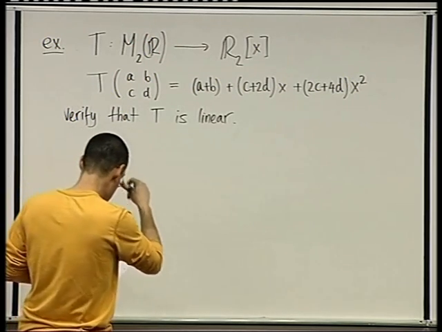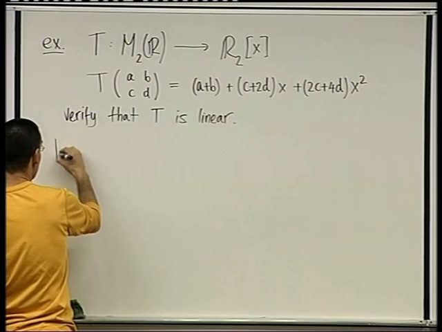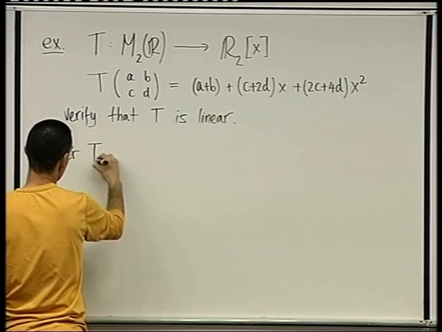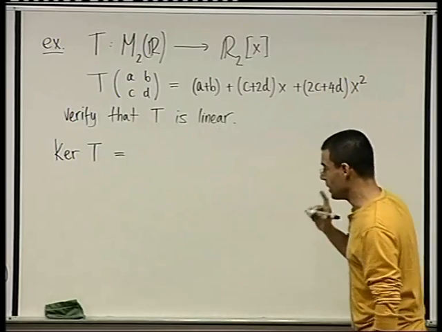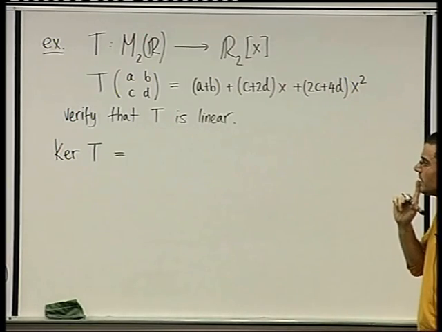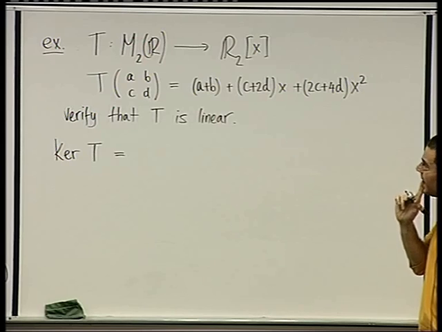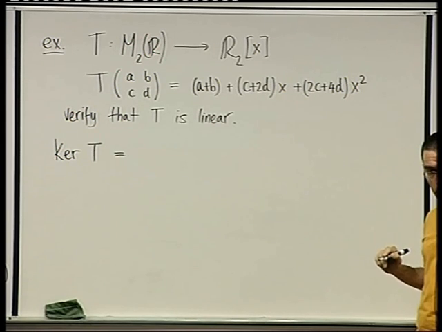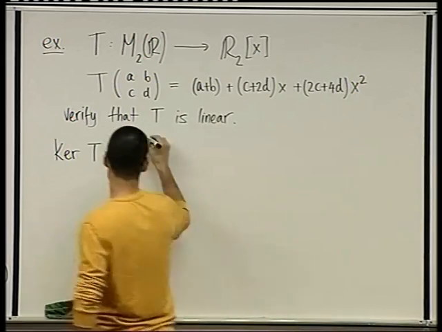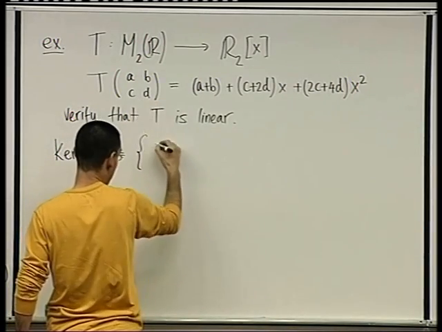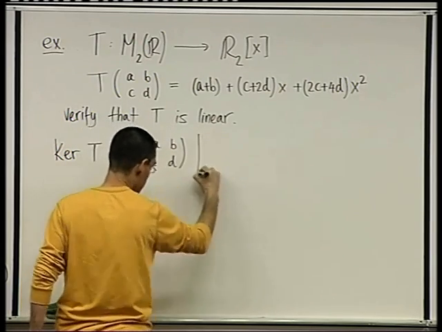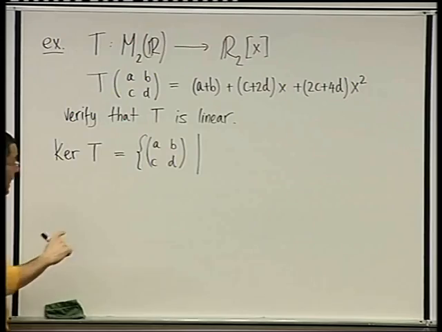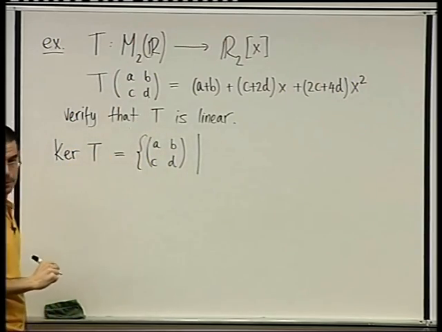Okay. Let's see what the kernel of T is. So what is the kernel of T? The kernel of T is all the guys that get sent to 0. 0 is the 0 polynomial. So the kernel of T, it's a subspace of the domain. It's all the guys of the form A, B, C, D that satisfy that T of them is 0.